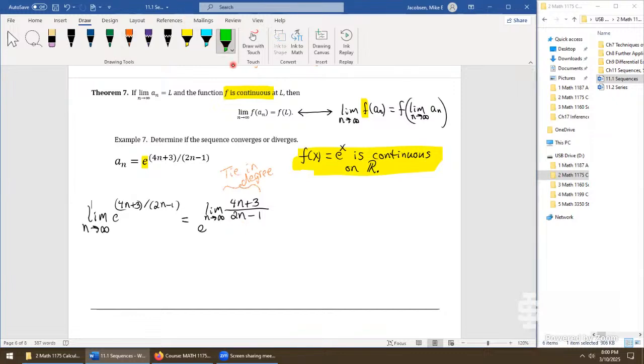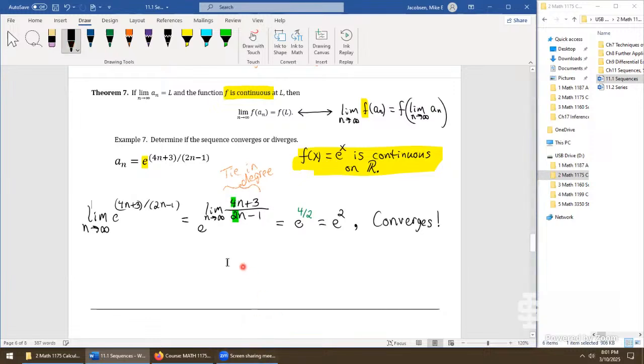And whenever we have a tie in degree, that's the whole punchline to the limit, 4 halves. So through our shortcut, we get e to the power 4 halves, which is e squared. So we would say for this problem, converges.